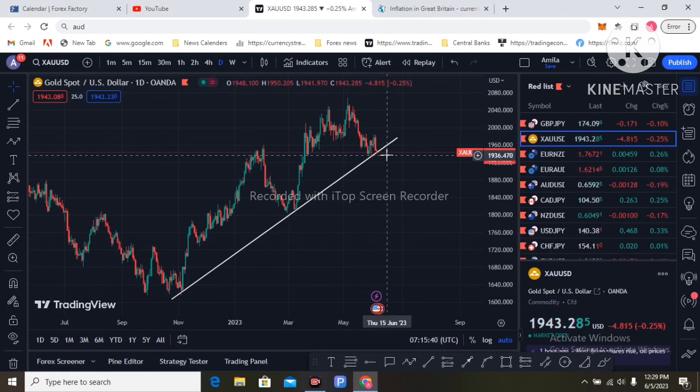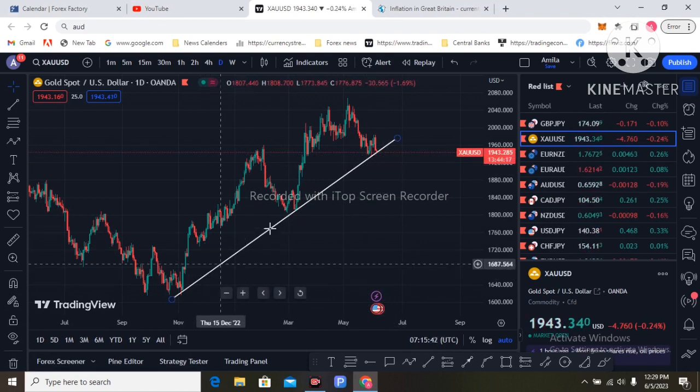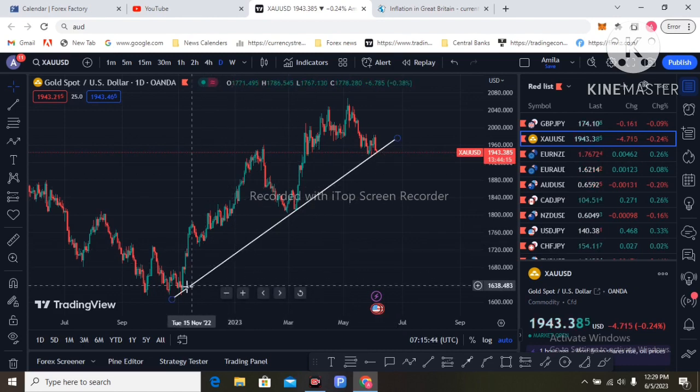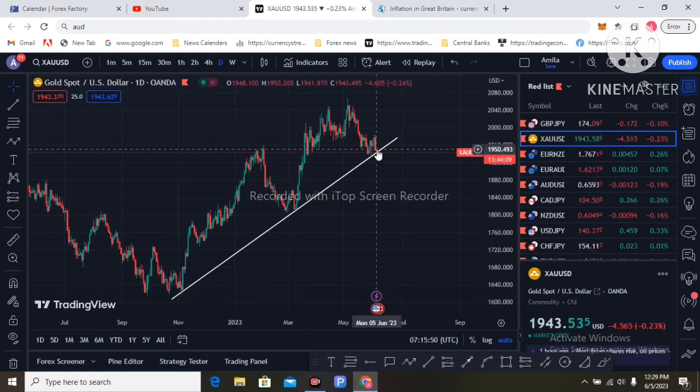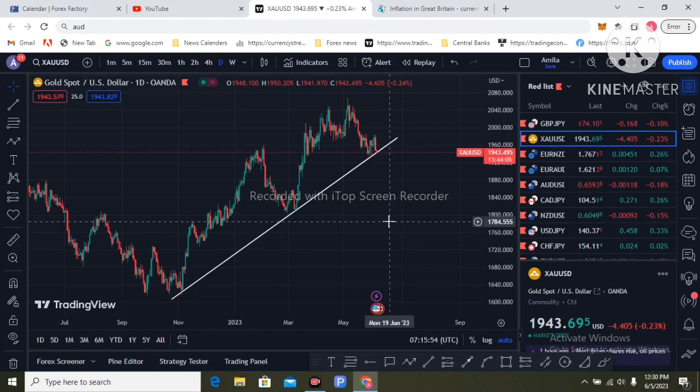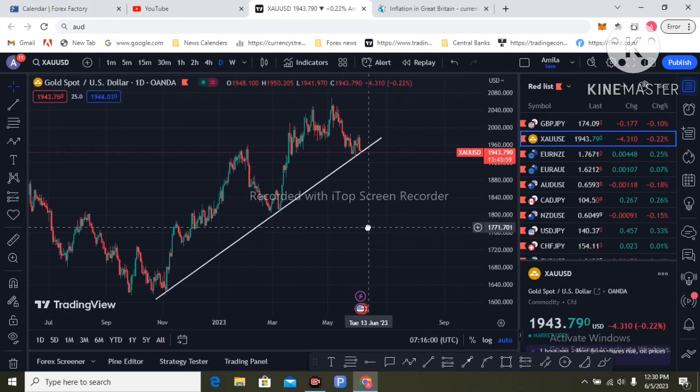This trend line has already been touched 3 times: the first one below, the second in the middle, and the third one is where price is now, at 1943. So technically you have a buy opportunity in gold in this area because price is at a key trend line level.